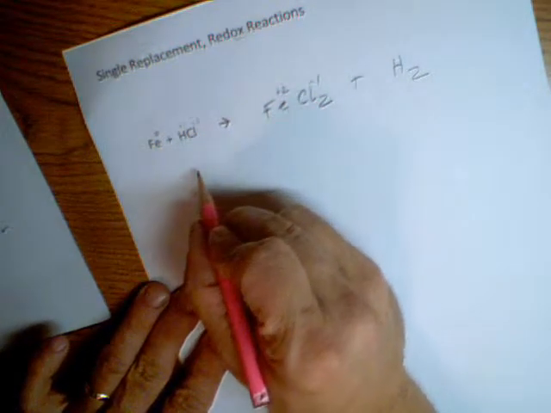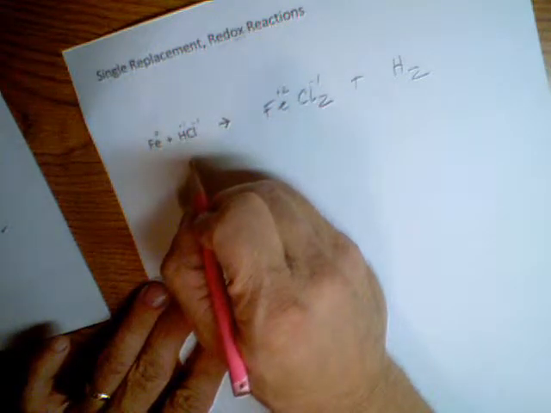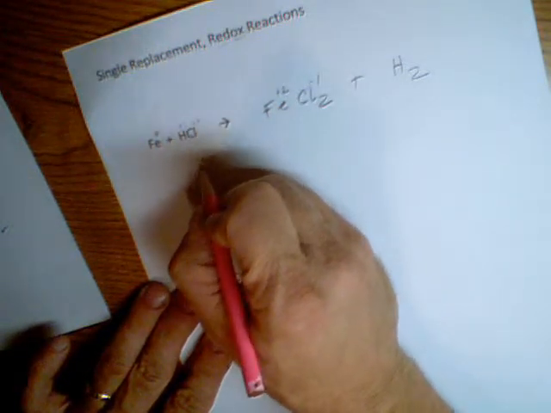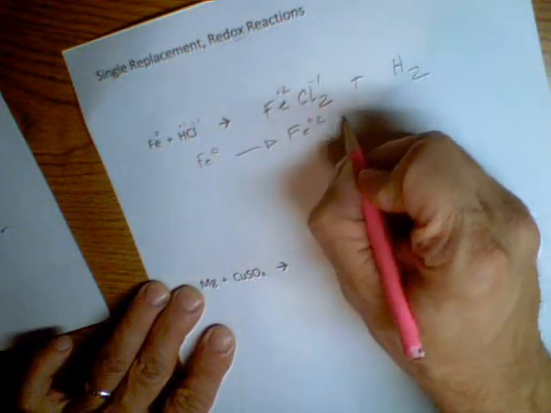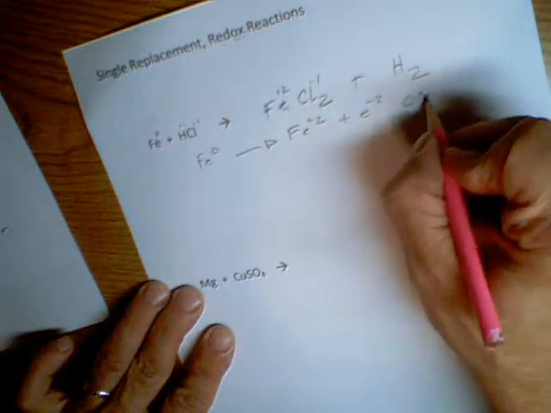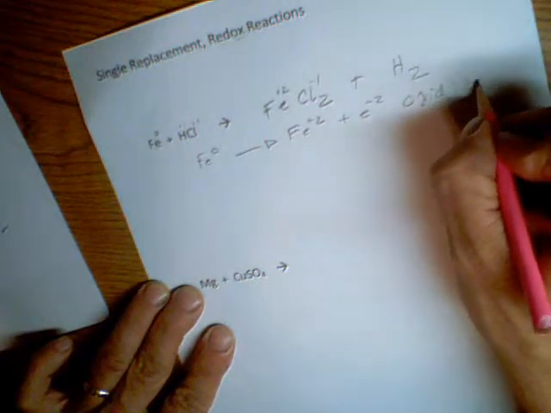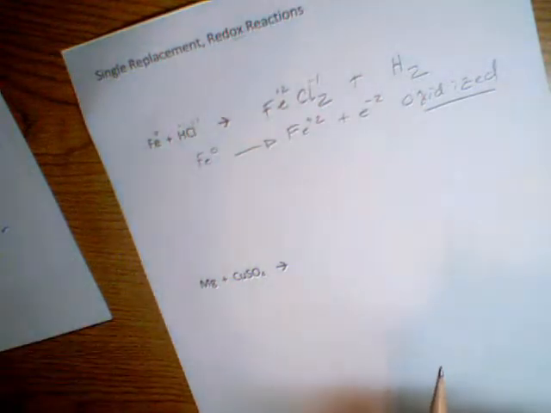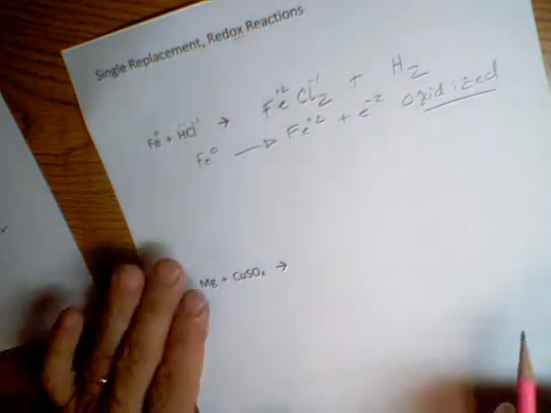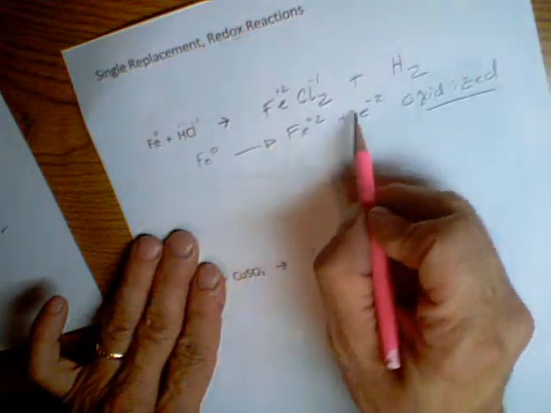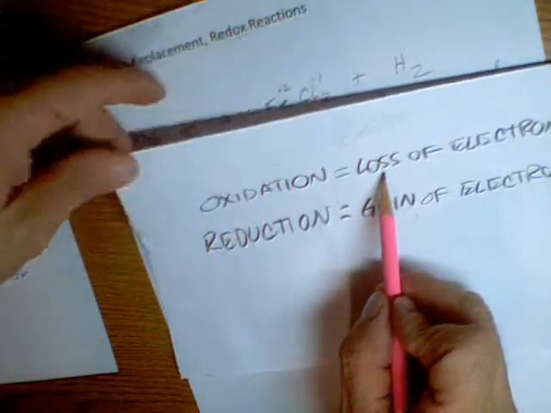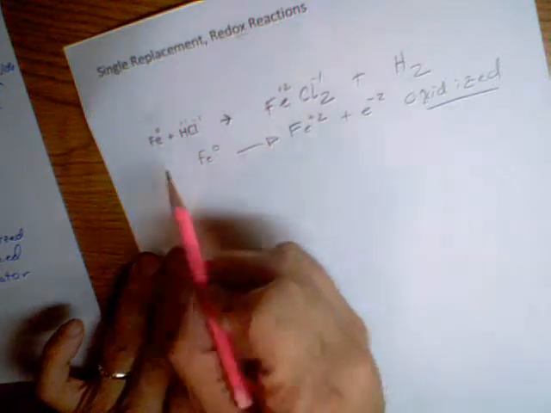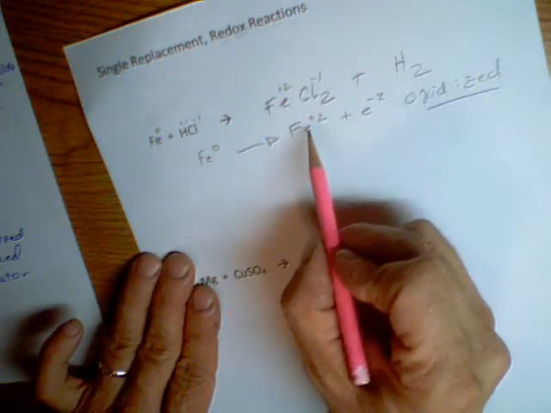So if we go back and try to determine what is oxidized and reduced, iron is oxidized. It gave up 2 electrons, and that is our definition. Oxidation means loss of electrons.